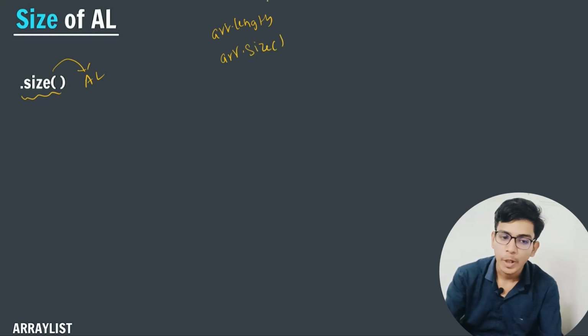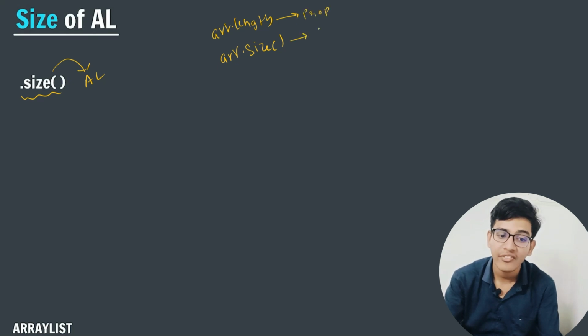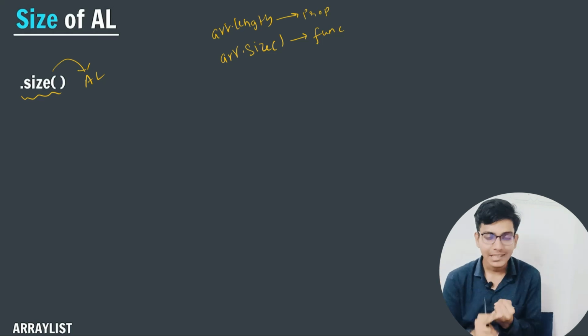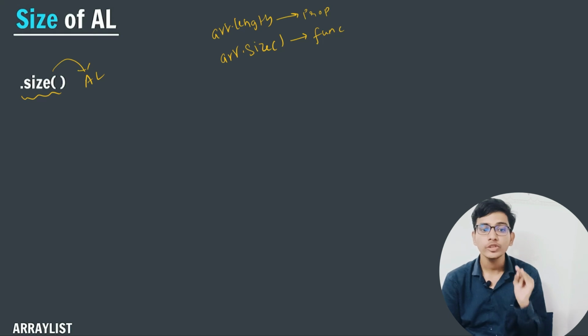So you can see one thing here, that this is my attribute. In the OOPS chapter we used to access attributes like this. So this is my property or attribute, and this is my function, right? So in arrays we used to get the length of the array using attributes. Here we will use functions.